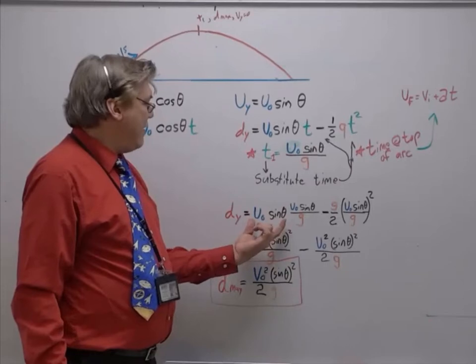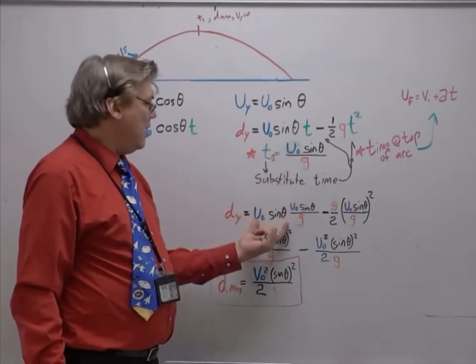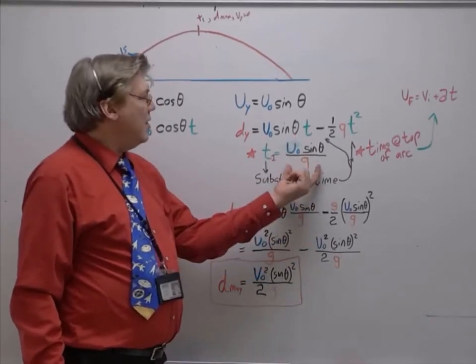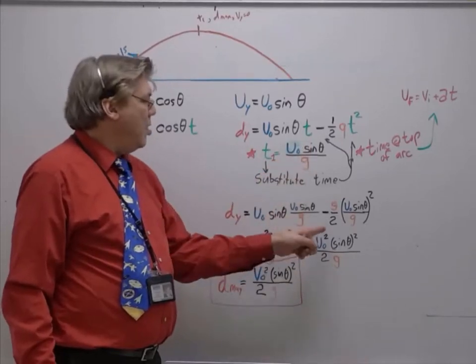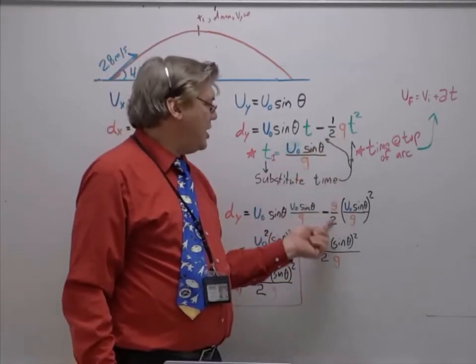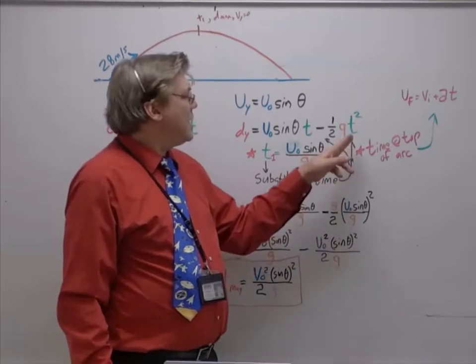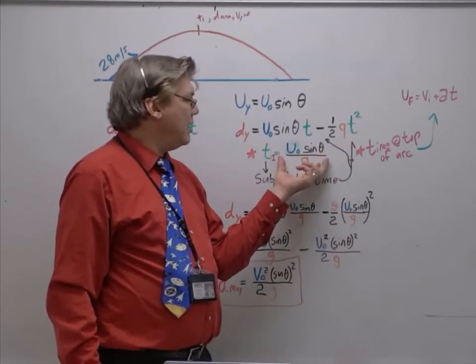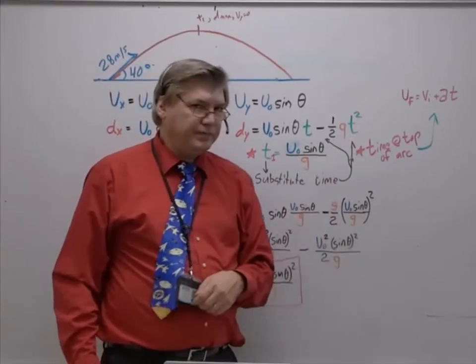So I have my V naught sine theta times T, minus 1/2 g, so that's g over 2, times time squared, so I have this quantity squared.